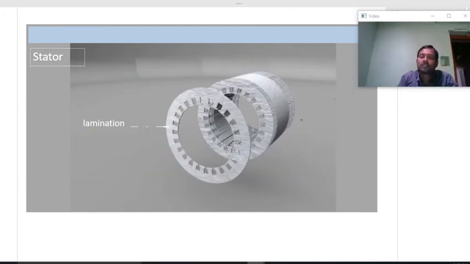If you use solid material as a stator, the eddy current losses will be higher, because the rotating magnetic flux induces more EMF in the solid material of the stator, and current circulation will be more, so more heat will be produced in the stator, which leads to damage or burning of the stator. So to avoid such a problem, laminations are used.